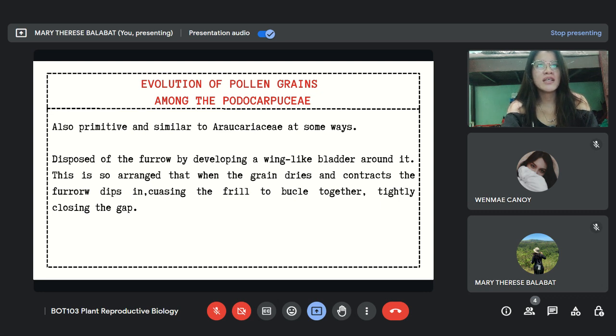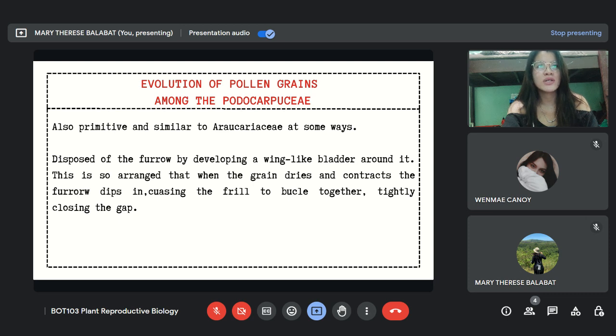So similar kay nakita nila sa grain sa ancestral Cycadophylicales such as Stephamus firmum caryodis. So kani nga kuan kay ang frill niya was developed probably as a floating organ for its possessor lacked a germinal furrow.